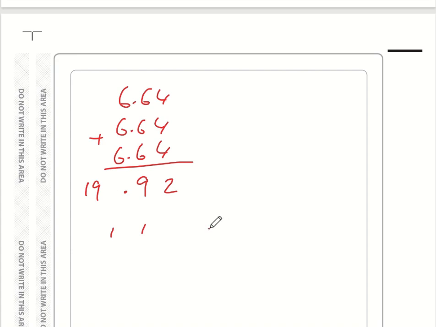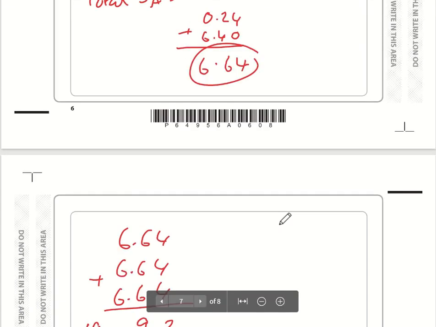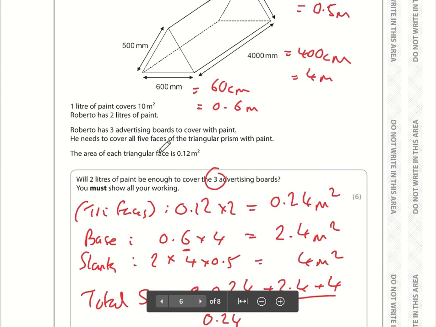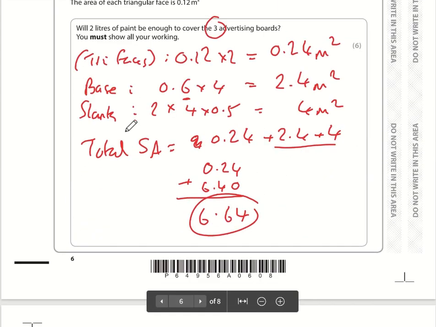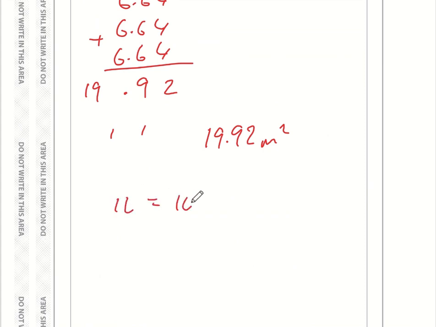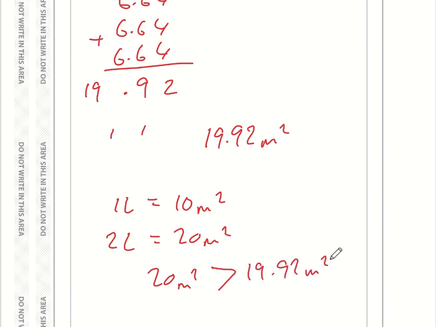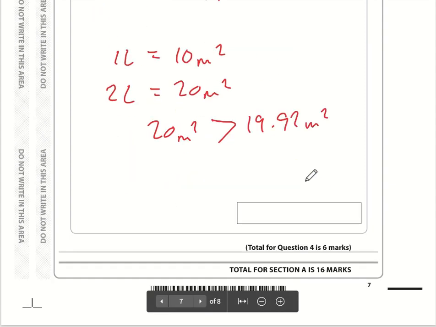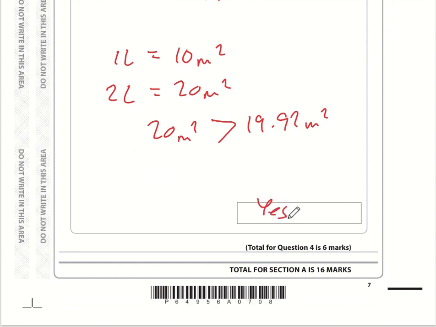So we've got a total of 19.92 square meters, and Roberto has got 2 litres of paint. Well, 1 litre covers 10 square meters, so if he's got 2 litres, 20 square meters, and 20 square meters is more than 19.92 meters squared. So the answer is yes, he does have enough paint.